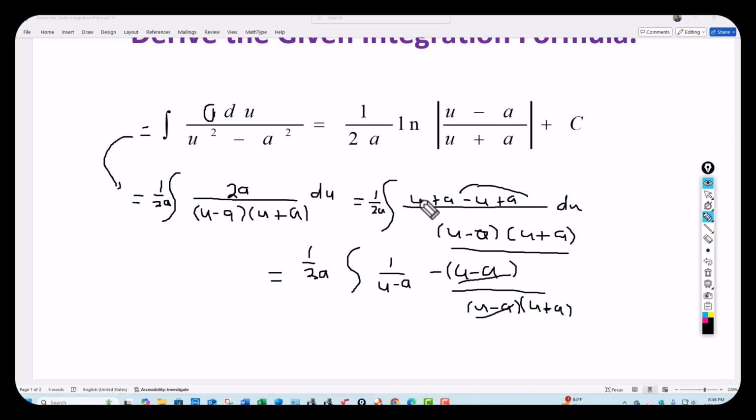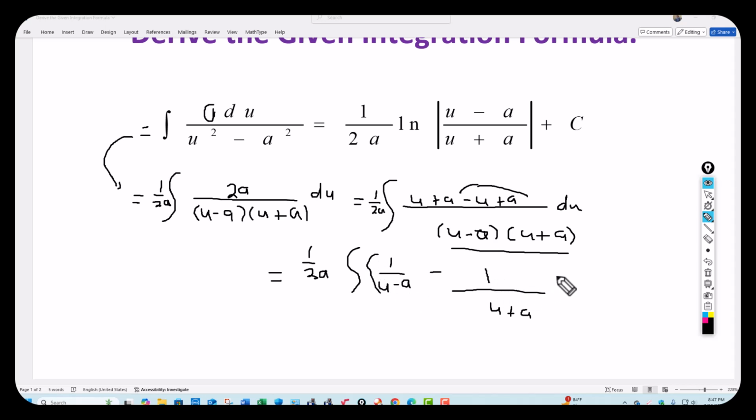Let me just rewrite it. What's left here? So this canceled out here. This canceled out here. Still got the u plus a here, and then a 1 here.